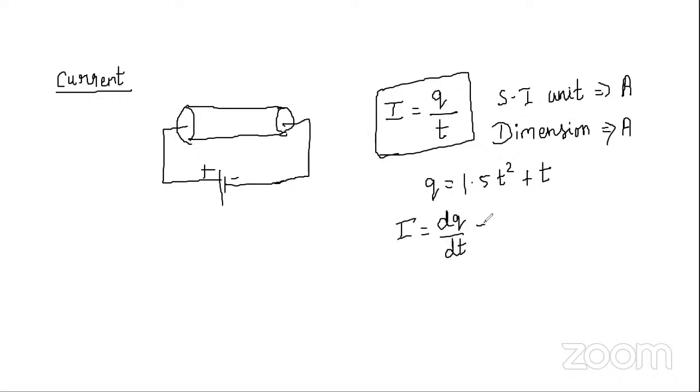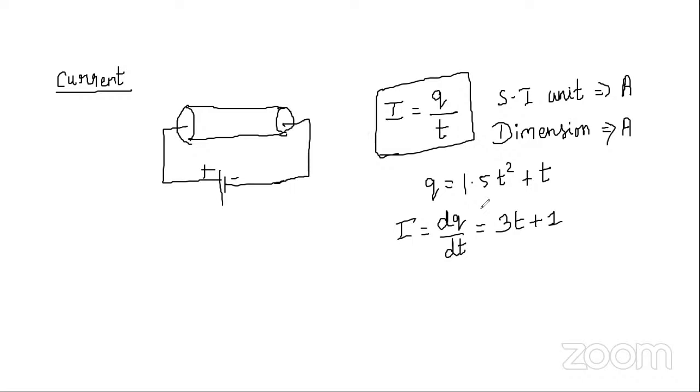So I equals dq by dt. When I differentiate this equation, I will get 3t plus 1. So this is how I need to calculate the electric current when charge is given as a function of time.